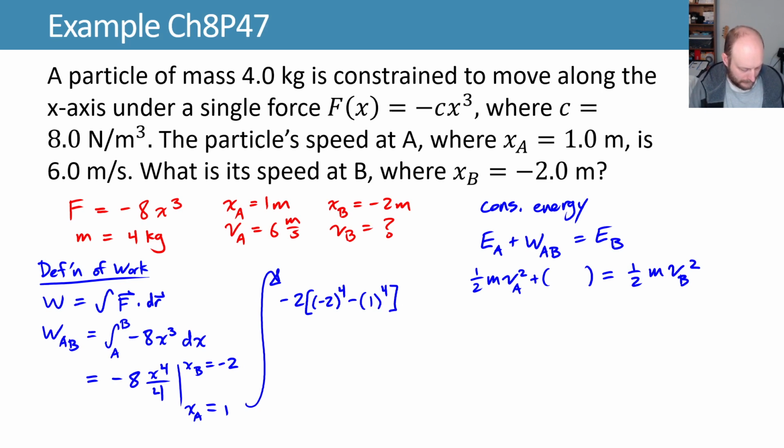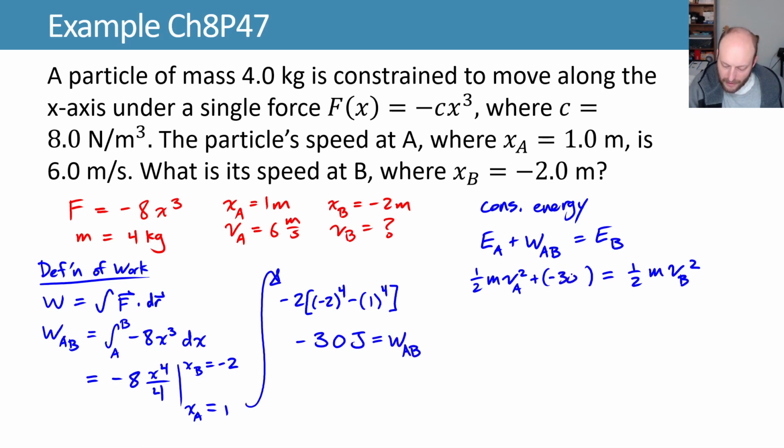That looks right. We get 2 to the 4th is 2 times 2 is 4. 4 times 4 is 16. Minus 1. So that's 15 times -2 gives us a -30. So I get -30 joules, which is that work to go from A to B.